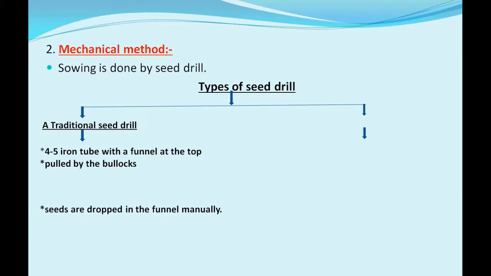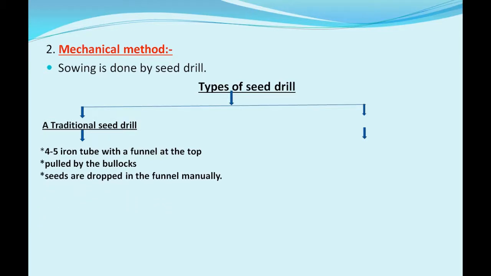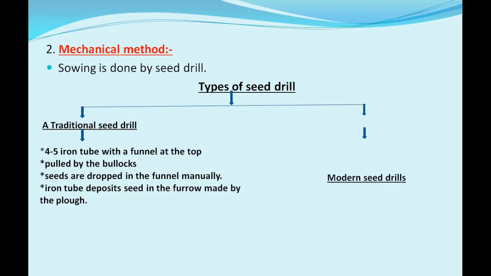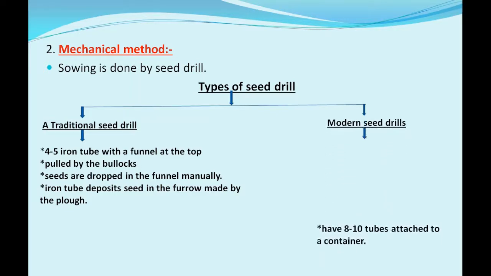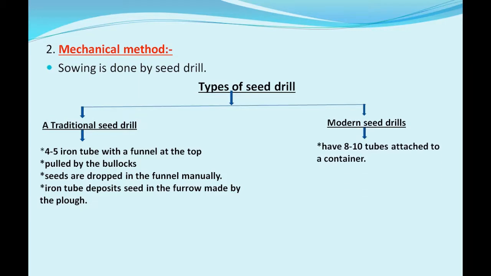Seeds are dropped in the funnel manually by hands. Iron tube deposits seed in the furrow made by the plough. Second is modern seed drill, which has 8 to 10 tubes attached to a container, which is driven by a tractor.